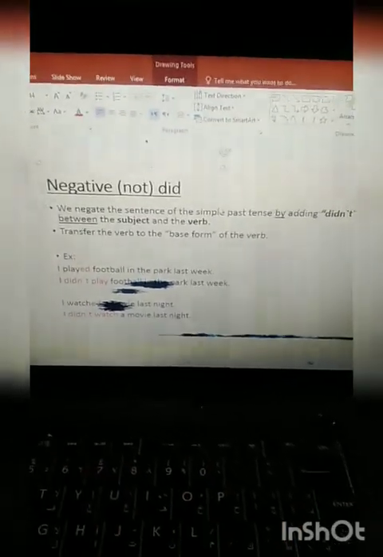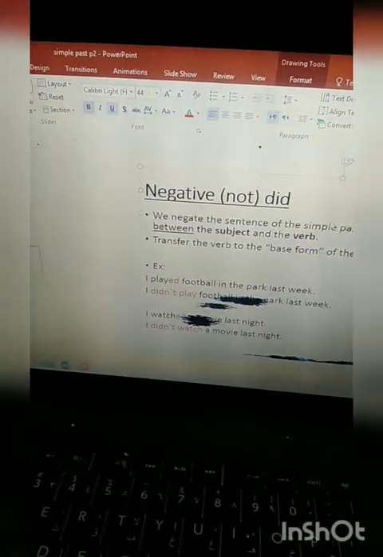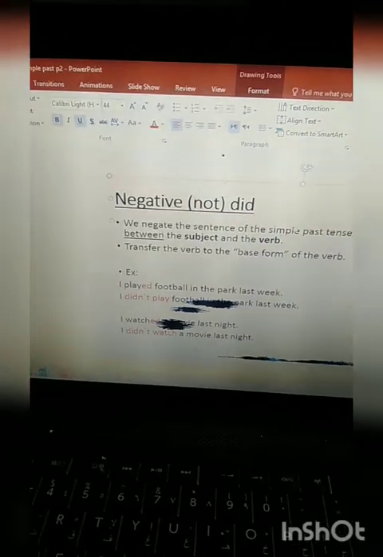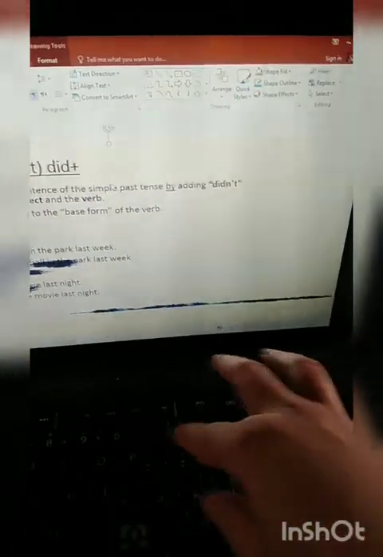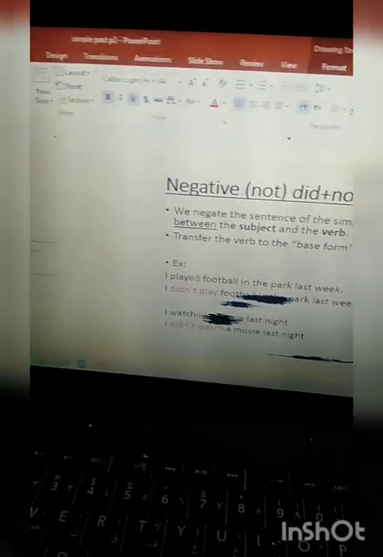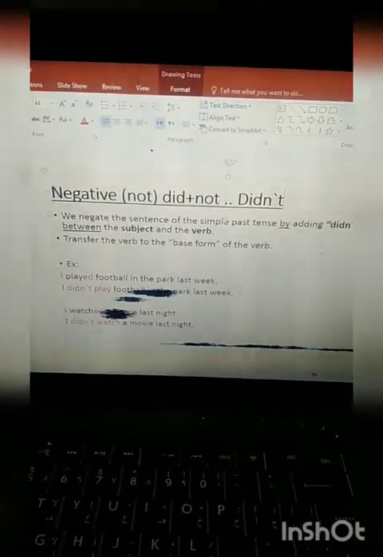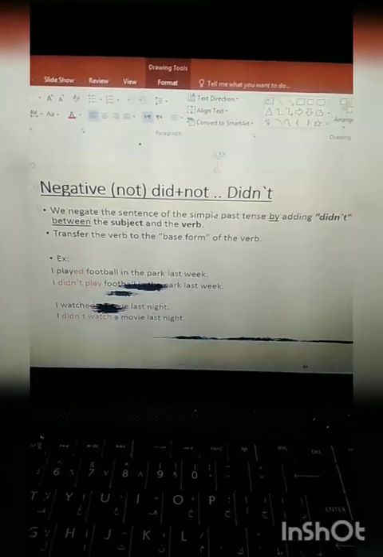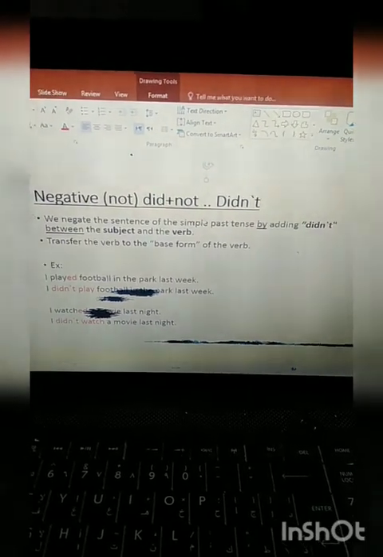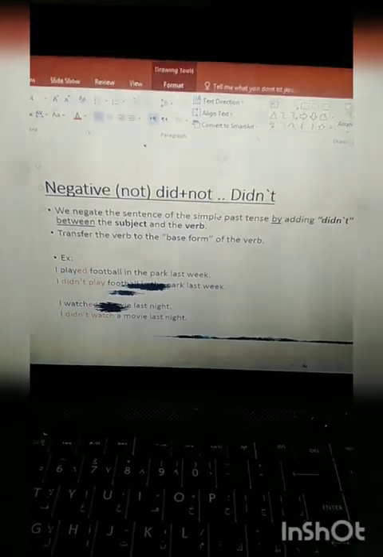If I want to negate the sentence, I add did plus not. Did not, or as the contraction, didn't. So if I want to negate a simple past tense sentence, I use the contraction didn't or did not.